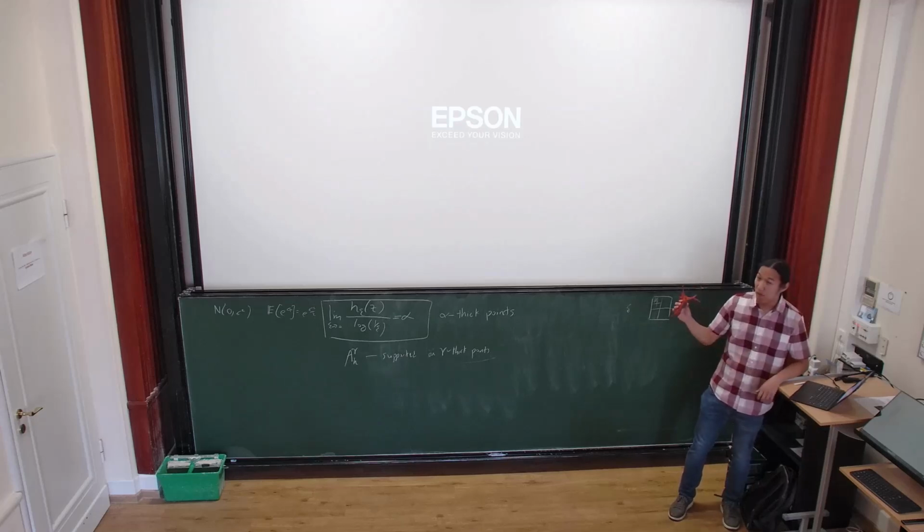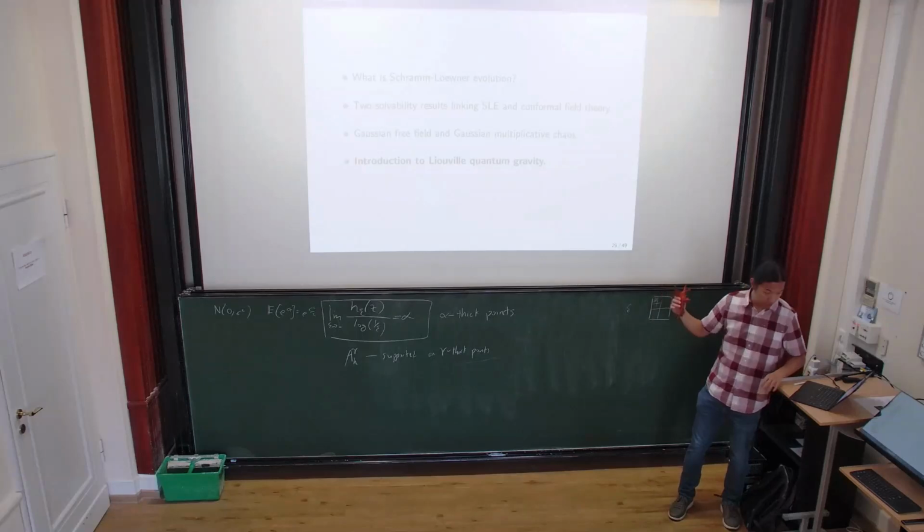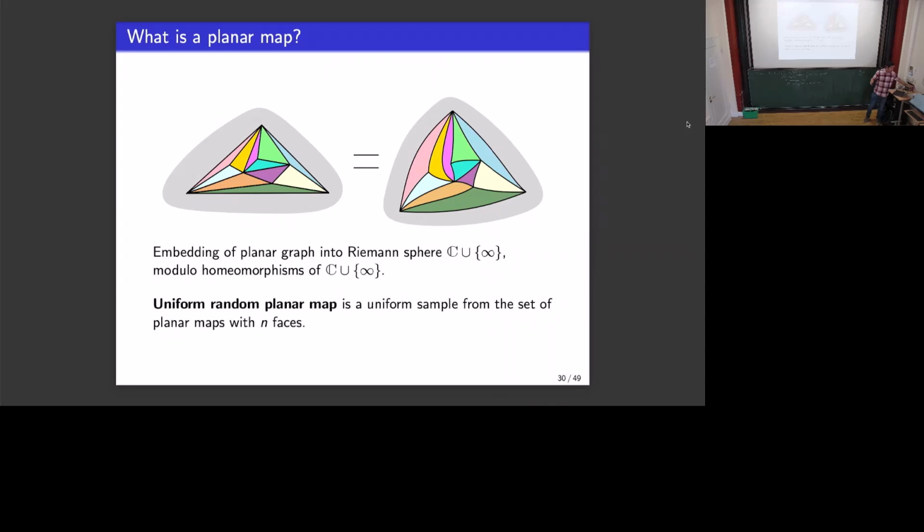So this is an example of what we call a random planar map. So what is a planar map? Well, it's a combinatorial object, right? On the left-hand side, you have a division of the Riemann sphere into triangles. Each of the triangles is colored a different color here.